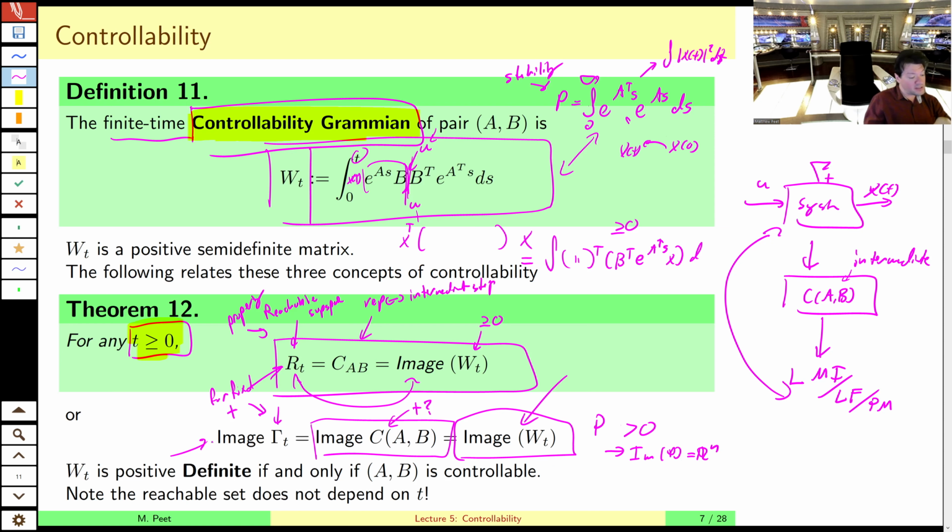And likewise, if the system is controllable, then this matrix is positive definite for any t. So we don't have to check this for every t. We only have to check it for one t, and we can choose whatever t we like.